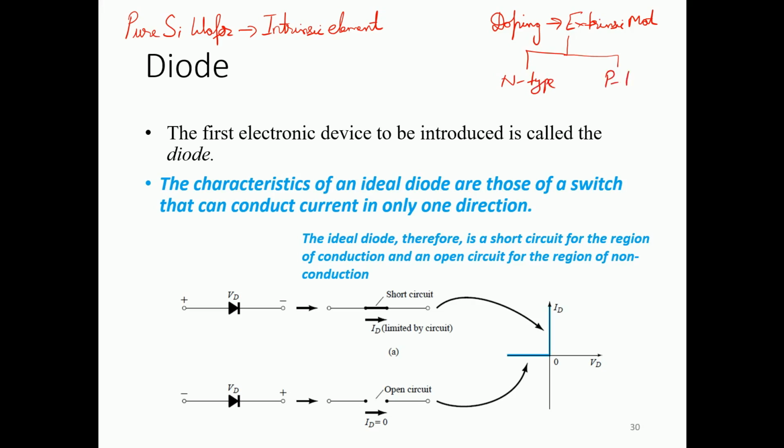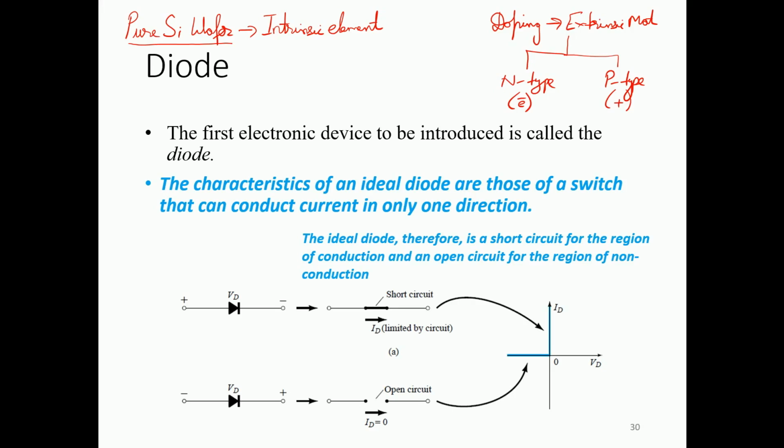In the process of doping, we talked about creating two kinds of materials, N-type and P-type. If we had a pure silicon wafer and we dope it with an impurity that contains a majority of electrons, we created an N-type material. Similarly, if we dope it with a higher concentration of holes or positive ions, we create a P-type material.